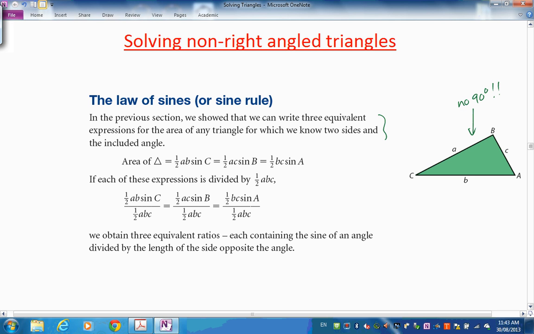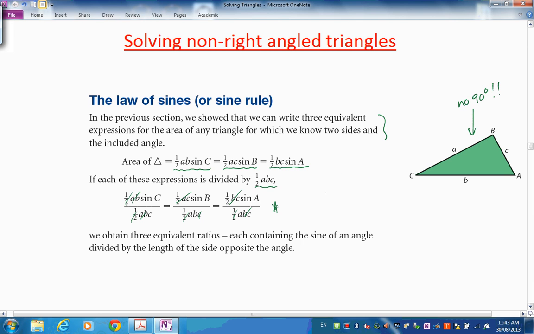From Pearson's now. If the area of the triangle is half the product of two sides, sine of the included angle, there are three different pairs of sides and sines of included angles we can have. So if we divide all three of these by a half ABC, we get this expression here. And look at what happens: that goes out, that goes out, BC goes out.